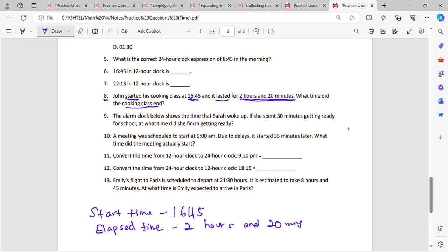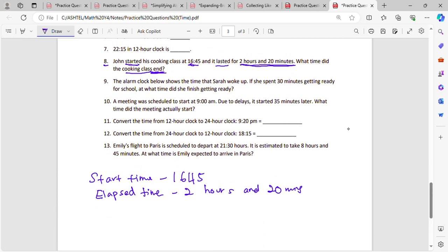Now we are looking for the end time. As I mentioned previously, in order to find the end time, you just need to add the start time with the elapsed time.